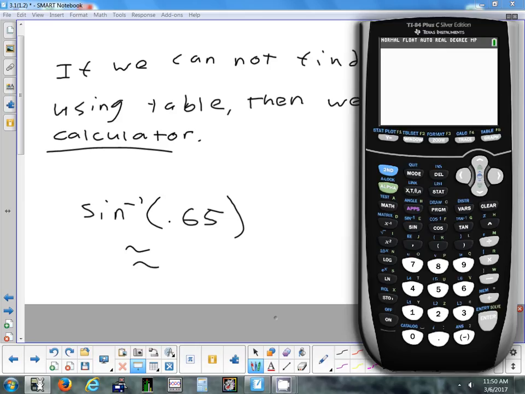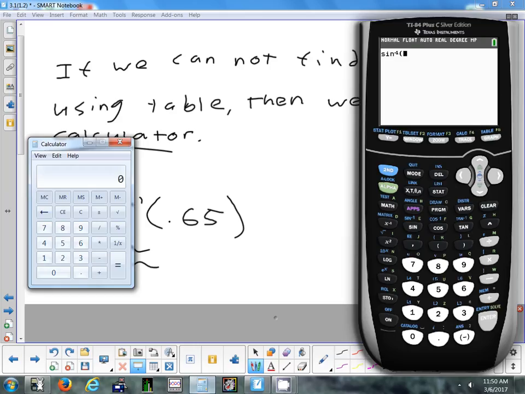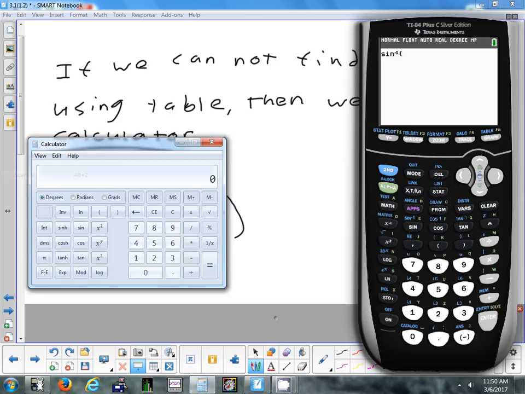In a lot of calculators, you have to press second and then sine. And that's how you do inverse sine. On this calculator, I don't know if anybody uses this one, to get to inverse sine, watch these 3 buttons right here. If I press inverse, they change to inverse.